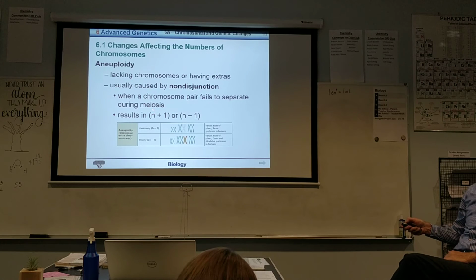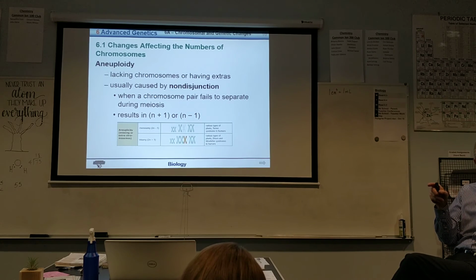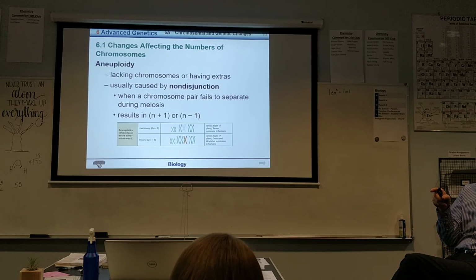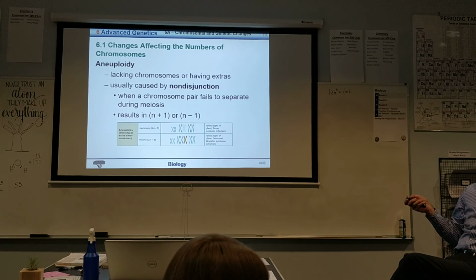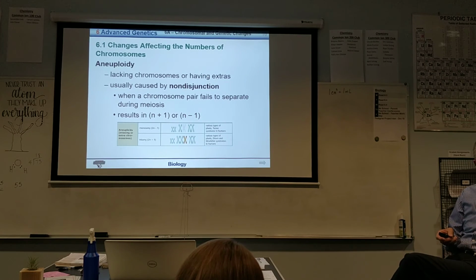So we say they have N plus 1 if they have an extra chromosome, or N minus 1. Now we're talking here about the gametes, right? They normally have 2N, but we're talking about the gametes being just N, but we have some of them that have an extra chromosome, like the bottom one, or some that are short one chromosome.